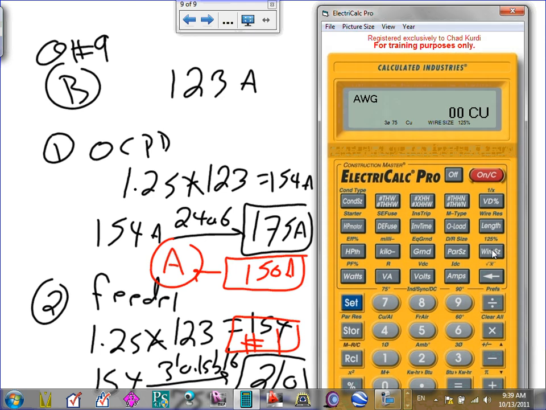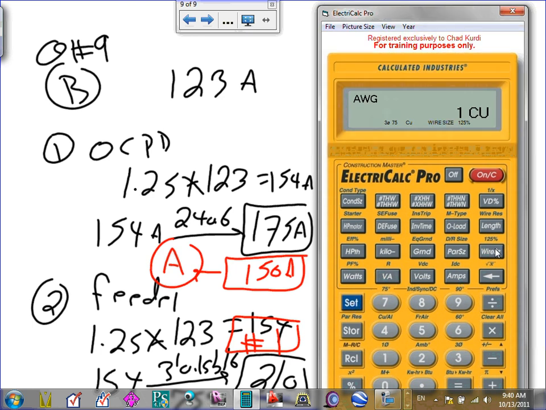Now, for version number 1, we have 103. Nick, my friend, 103 amps, and then it's continuous load. You hit your set and wire, and you got your number 1 copper.